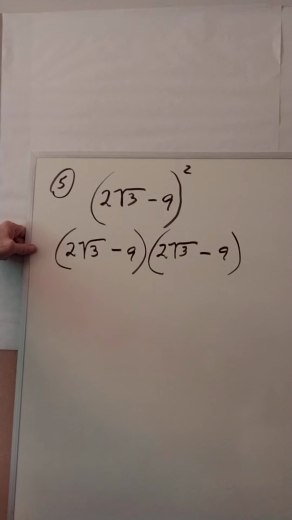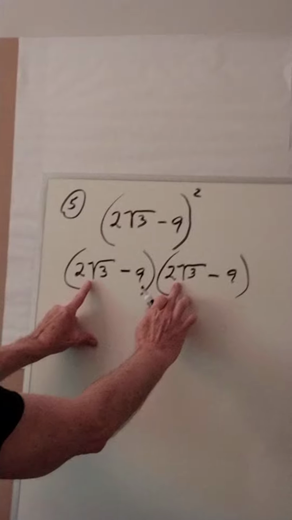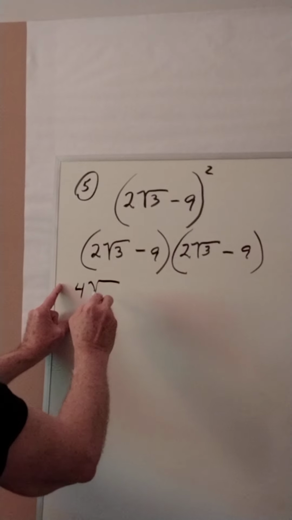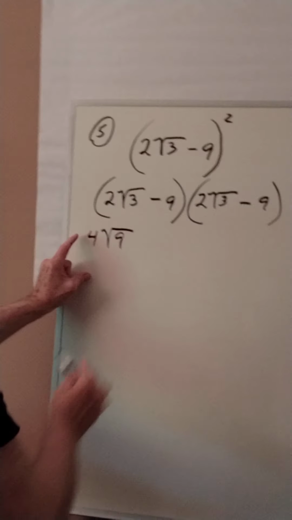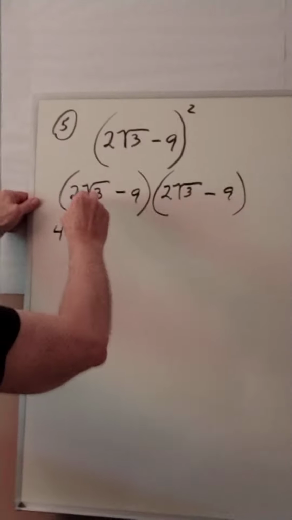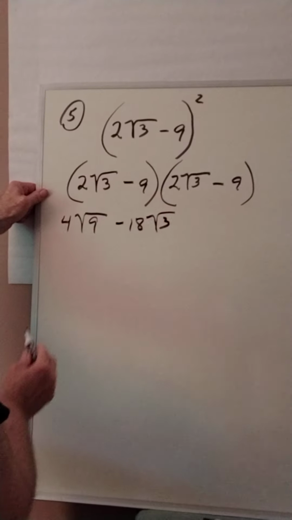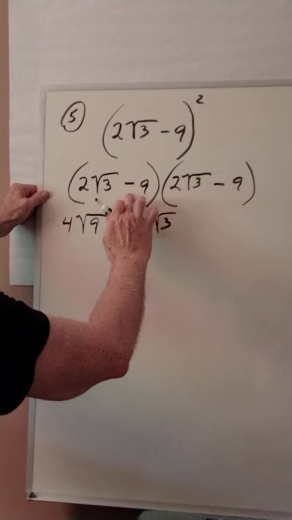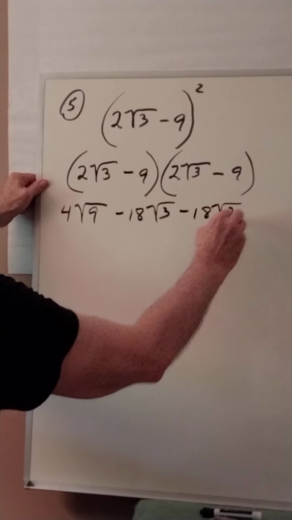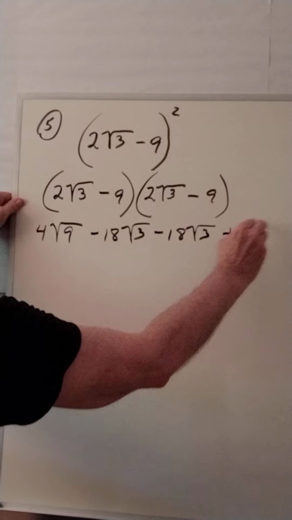Now let's FOIL. It'll be more secure. First terms, 4 root 9. Outer, positive times negative, negative 9 times 2, negative 18 root 3. Inner, that's negative 18 root 3. And then the last, positive 81.